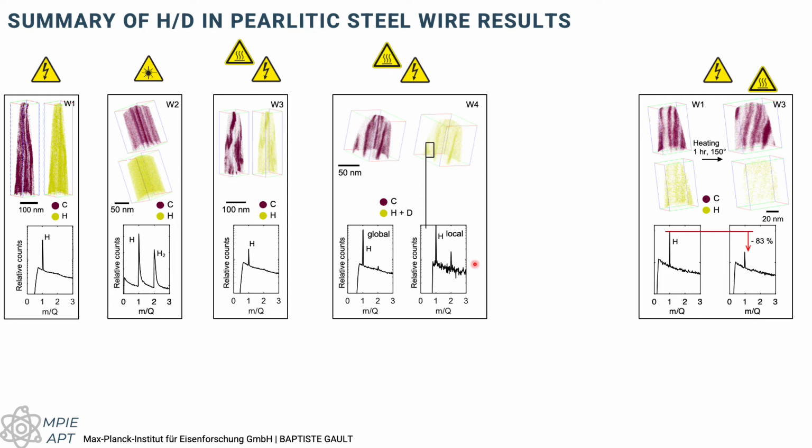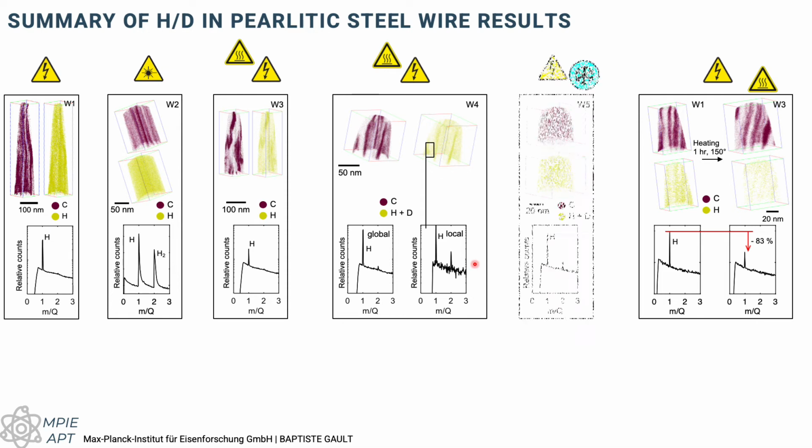So we were fairly confident that we could see something quite good. What we also saw was that the signal of deuterium and hydrogen would be affected by the FIB. So even if we do specimen preparation with the FIB in these types of steels, we might be introducing some hydrogen from the moisture inside of the FIB, despite the low vacuum conditions. So all of this was quite encouraging for us.